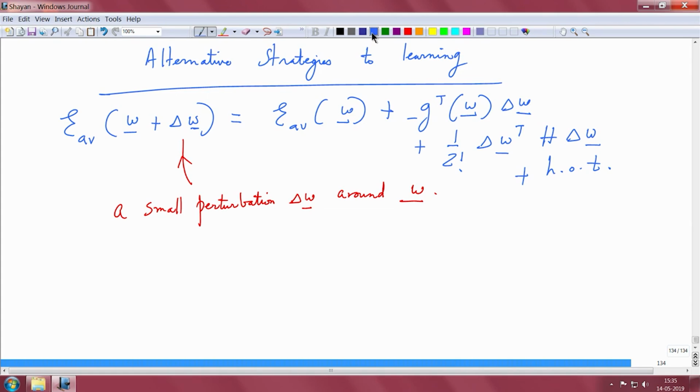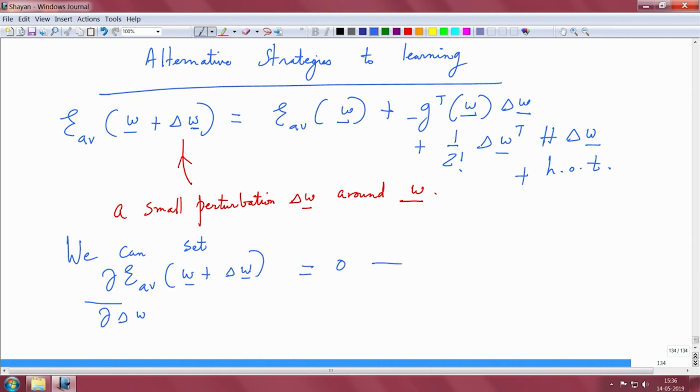So, one of the direct ways of dealing with this problem would be how to choose this optimum delta W. For which we can set the partial of this quantity, which is the error evaluated at W plus delta W, with respect to delta W, and we can equate this to 0, right.